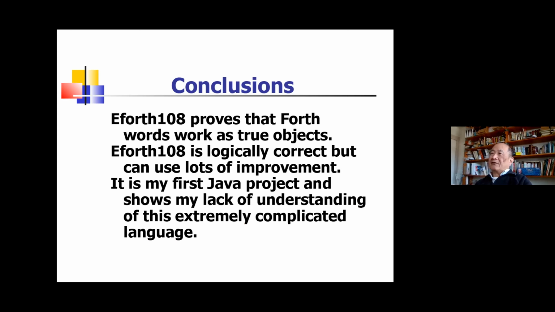But there are lots of things I don't understand. And if I study more, I probably can improve it. And I hope you guys can help as well. Sean and Brad did lots of help in hand-holding for me to get through this project. It is my first Java project, and it shows my lack of understanding of this extremely complicated language.